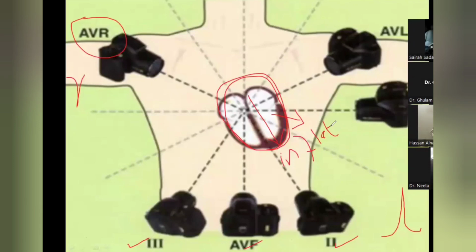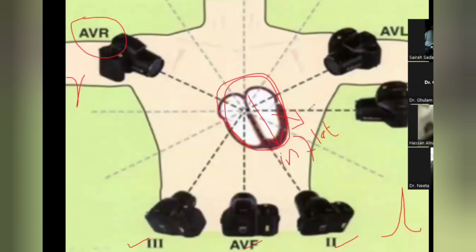So as the anatomical axis of the heart is inferolateral, so does the electrical activity, the flow of current, also go downwards and inferolateral, because AVL is the electrical activity of the left side of the heart. So in this lead, the current flows toward it.